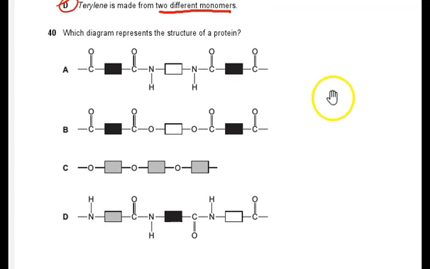Look at number 40 here, structure of a protein. Which diagram represents the structure of a protein? So for the structure of protein, you must have this bonding. Please remember this.